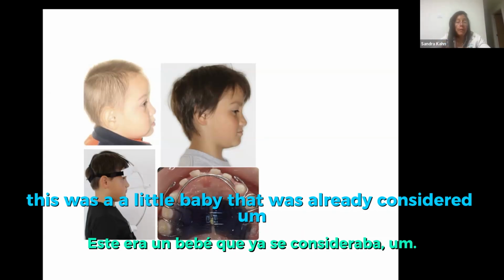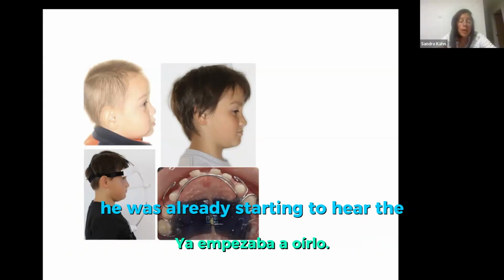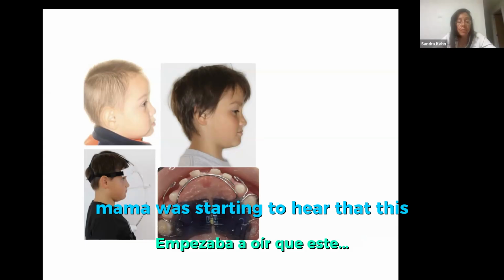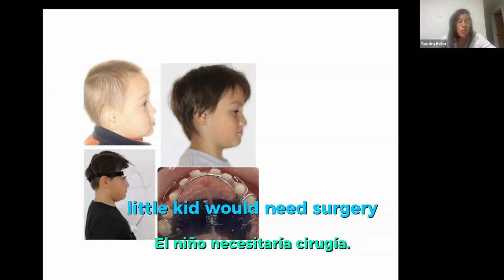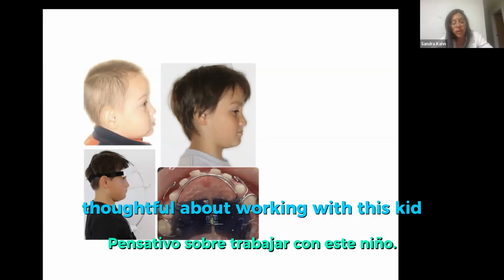This was a little baby that was already considered a class 3 surgical case. Even by the time he was 2, the mom was starting to hear that this little kid would need surgery. So we were very thoughtful about working with this kid.